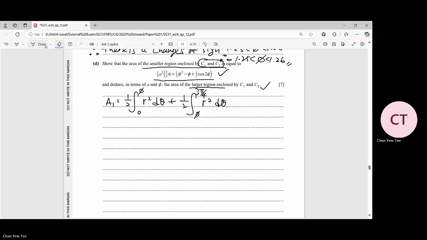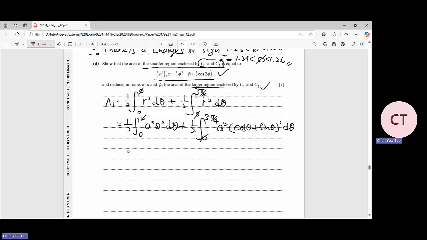Now, just replace this with the values. It becomes A squared theta squared, from 0 to phi. For the circle, from phi to 3 pi over 4, it will become A squared cos theta plus A theta squared. So over here, I factorize the A squared over 2 out.